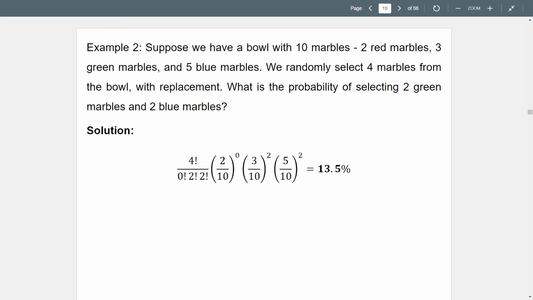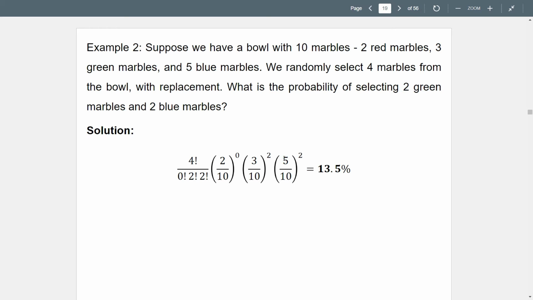Then 3 out of 10, the probability of getting a green marble, has an exponent of n2, based on the given.